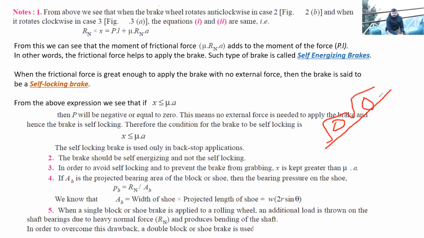Pardon my drawing. Let's say this is a car and it is climbing this elevation. The self-locking brake gets activated when the car tries to move in the downward direction. Let's say there is some obstacle over here and the driver has to apply brakes, and now the downward force is more than the upward force.